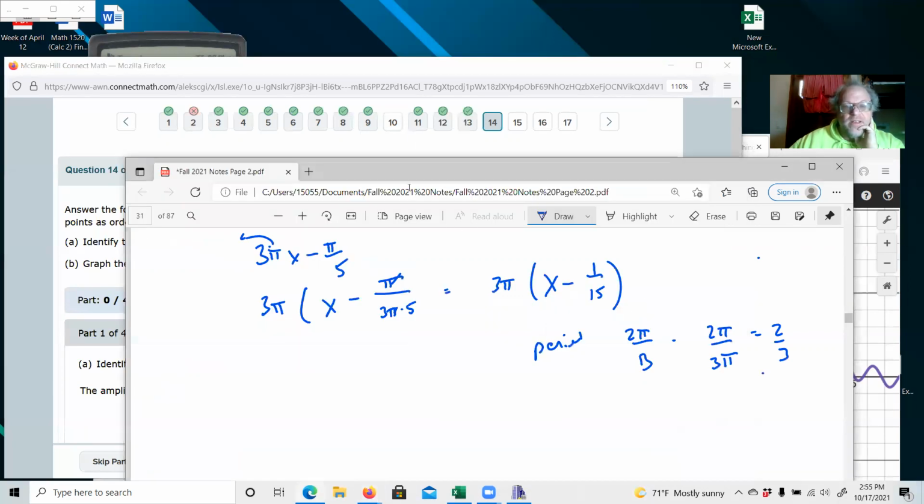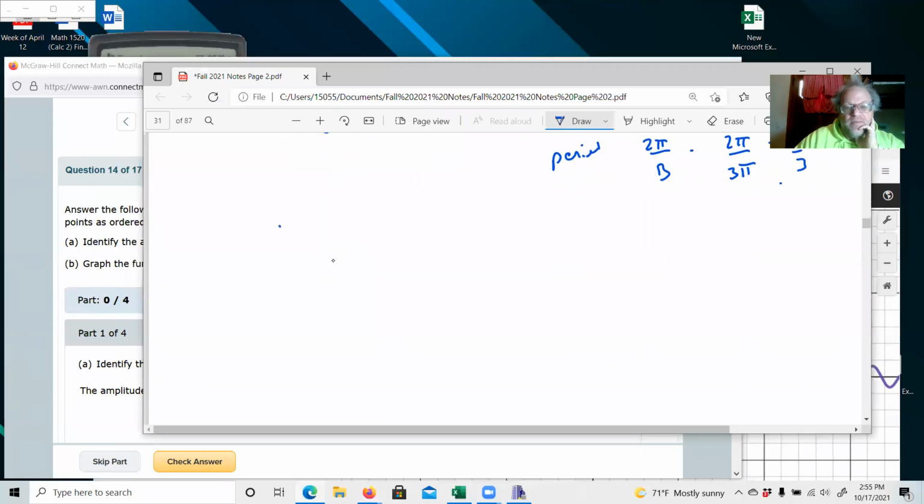Okay. So what are we working on here? We have 4 sine x plus pi. Our amplitude, that's going to be 4, because that's the number in front. That's the absolute value. Period.